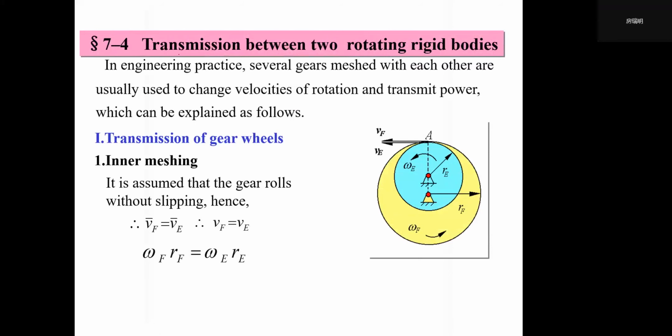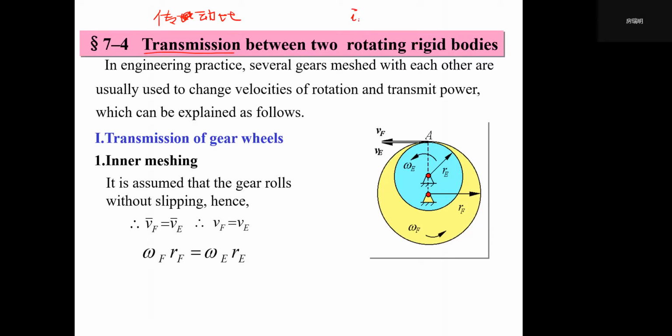You can find its meaning from this title: transmission between two rotating rigid bodies. Transmission in Chinese we call 传动比. I'm sorry, 传动比. Actually, it's a ratio.